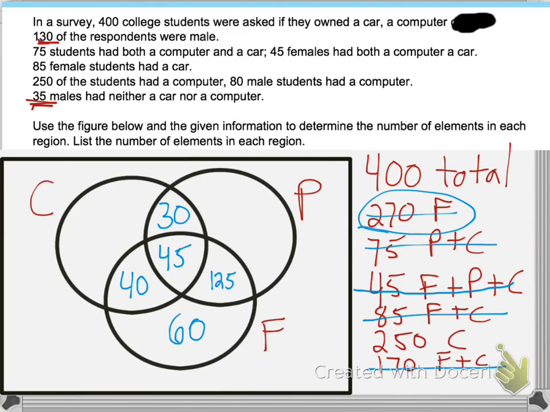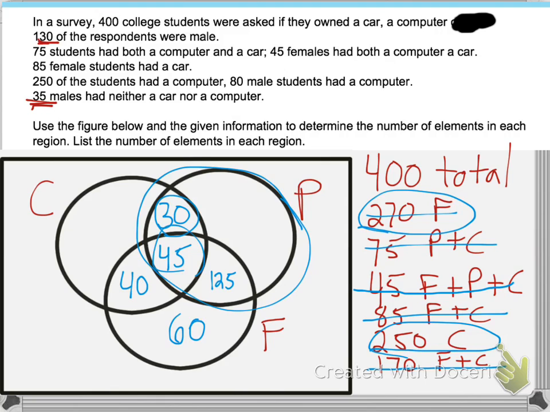We're now told there's 250 computer users. So we look at what we have already for computers. We have 30 and 45, which would be 75 people, and another 125.